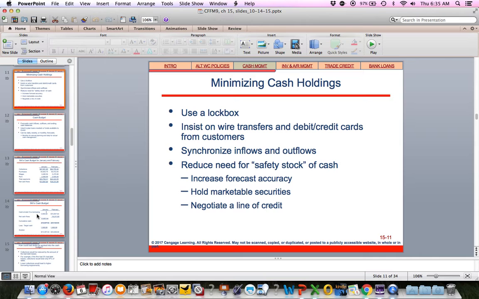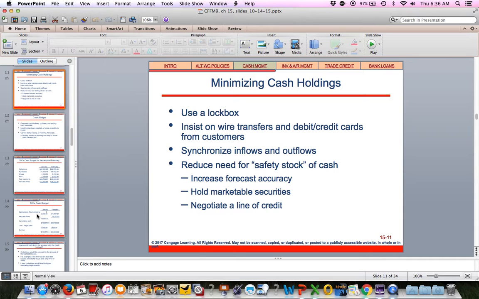No matter what, though, that's not much of a return. And so the danger here, or the issue, is that if you hold too much cash, that cash is just sitting there not earning a return for you. And so it says here, what are some ways to minimize our cash holdings and get our money working more quickly for us, is really kind of what they mean by this.